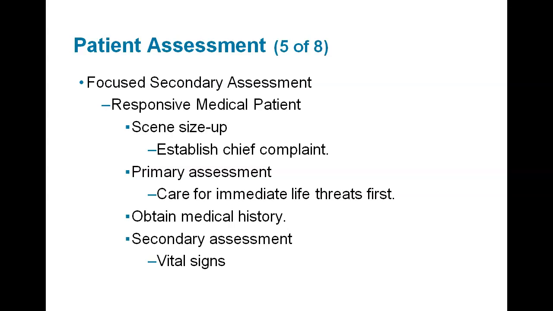So because they're responsive, they should be able to tell you what they're complaining of. So this would be the reason that EMS was called. Then you perform the primary assessment. So you are assessing airway, breathing, circulation, ABCs, check for bleeding. If there are any immediate life threats, you treat those immediately.